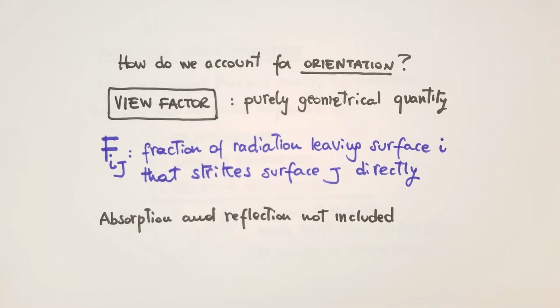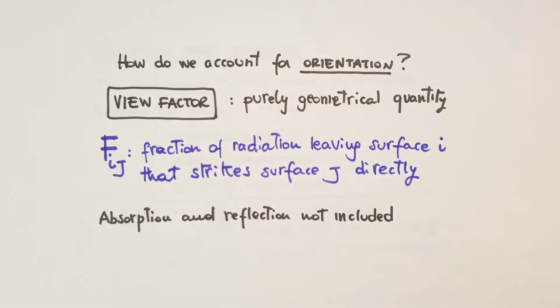The view factor is denoted by the capital letter F with two subscripts I and J, where I indicates the surface I and J indicates the surface J. So the view factor Fij is the fraction of radiation leaving surface I that strikes surface J directly. In this definition of a purely geometrical quantity, the view factor, absorption and reflection are not included.